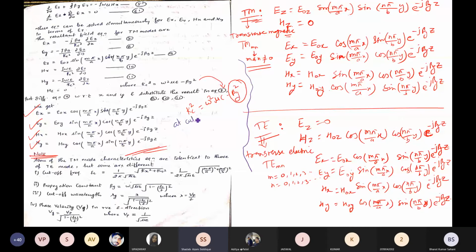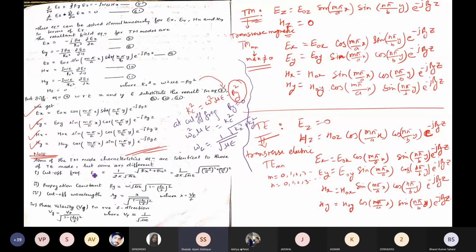At cutoff frequency, beta g is equal to 0. There is no propagation. So that means omega c square mu epsilon is equal to kc square. And omega c is nothing but 1 by square root of mu epsilon, and kc is nothing but square root of kx square plus ky square. And this omega c can be written as fc is equal to 1 by 2 pi.